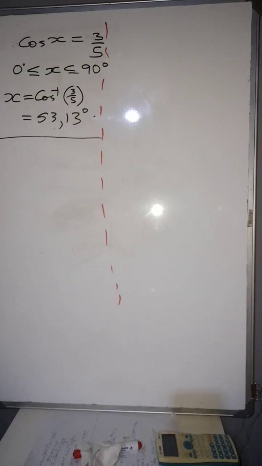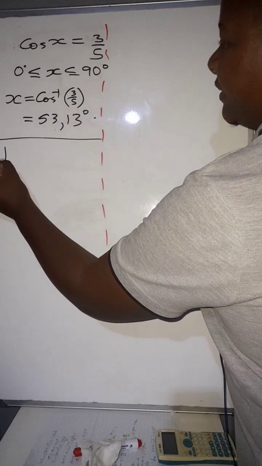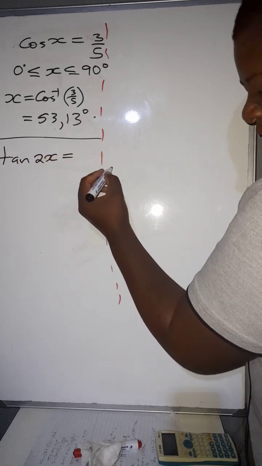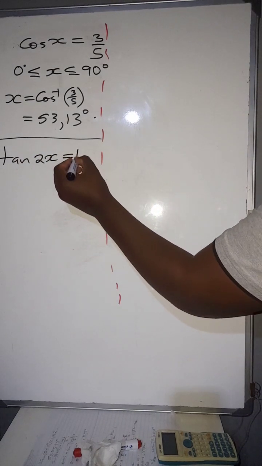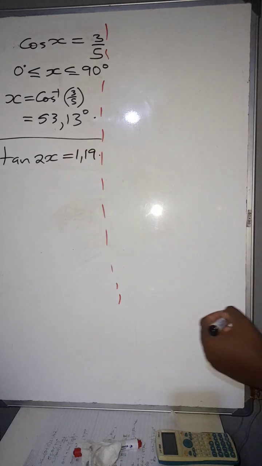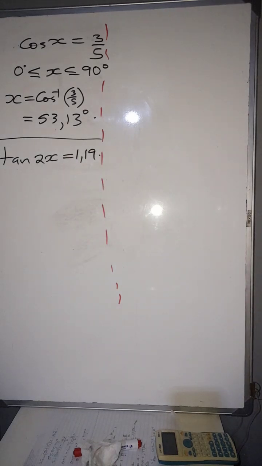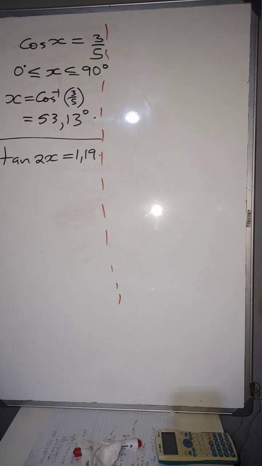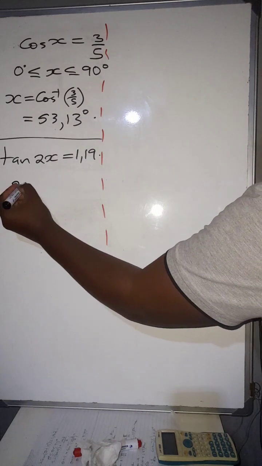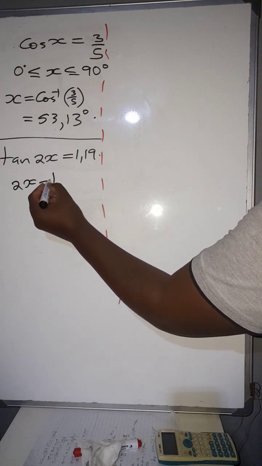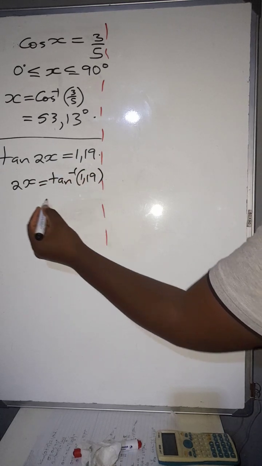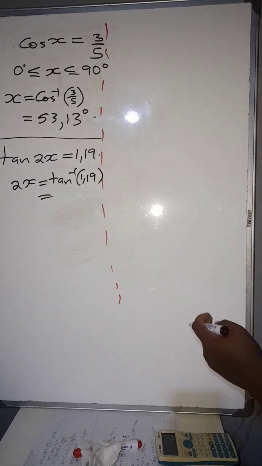The second equation that I have with me here, it's tan 2x is equal to 1,19. To deal with this one, you need to ignore this 2 here in the first step. So you just take it as 2x is equal to the second function of tan 1,19 there. Do it on your calculator there.